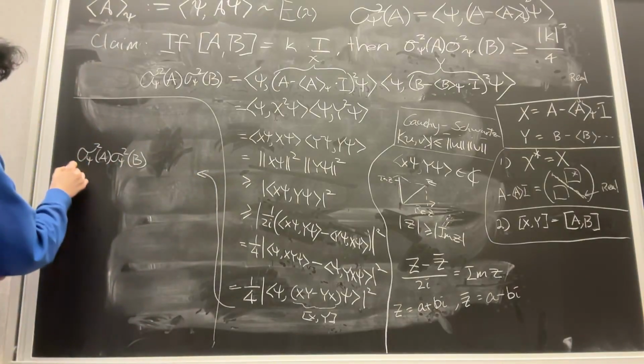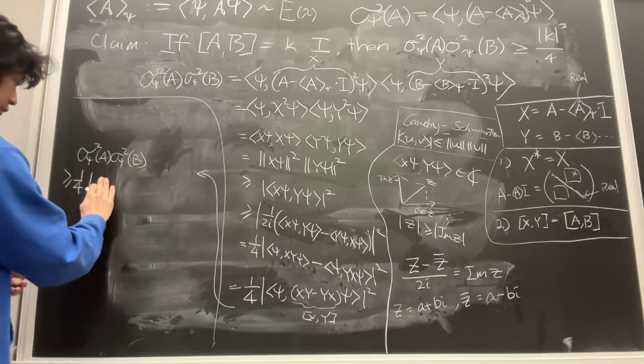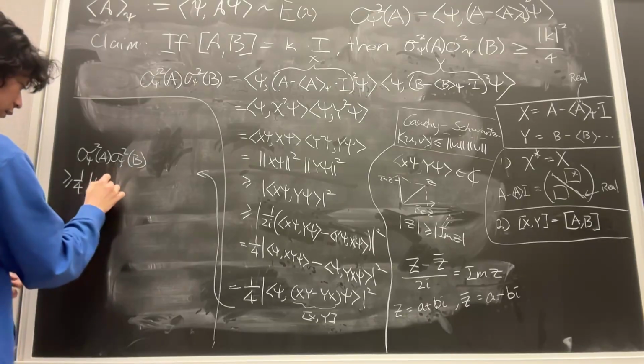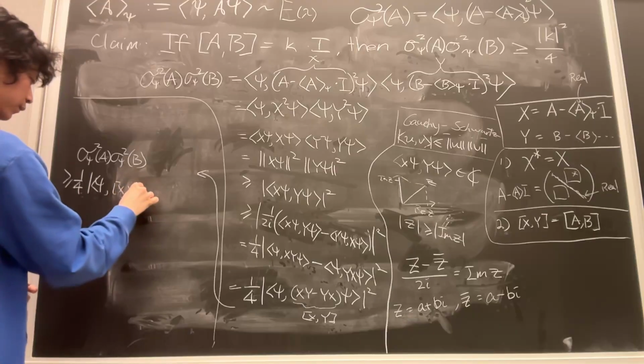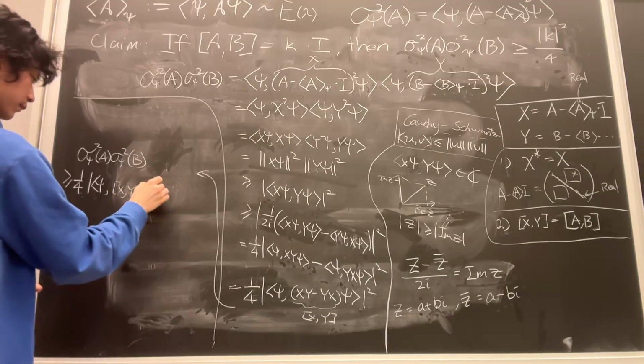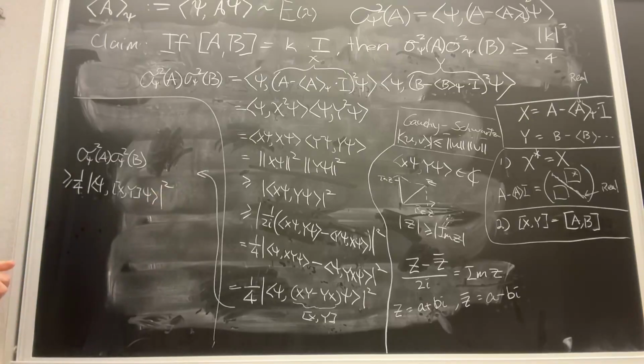Let's do it in two lines. 1 over 4, the absolute value of <psi, commutator xy psi> squared, right?